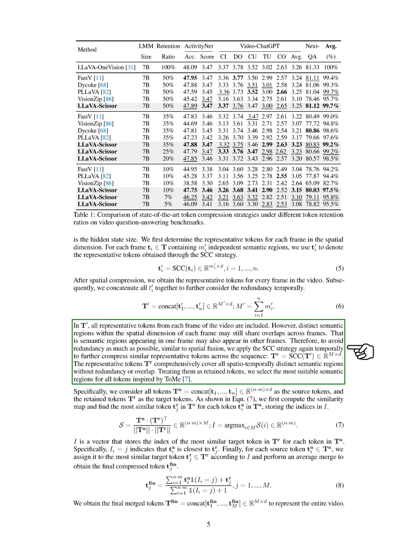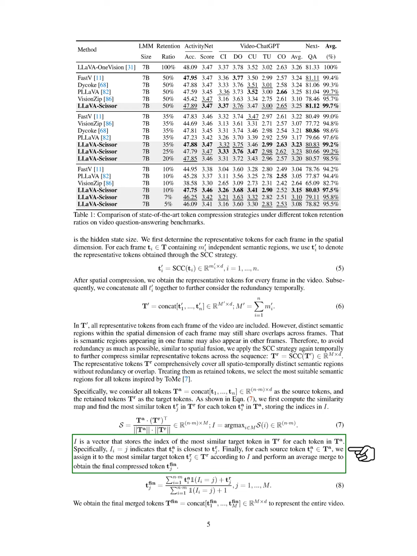Since similar semantic regions may appear in multiple frames, we apply the SCC strategy again to compress these representative tokens further, ensuring that the final set of tokens captures all distinct semantic regions without overlap. Finally, we select the most relevant semantic regions for all tokens. We compute a similarity map to find the closest representative token for each source token and merge them to create the final compressed token set, which effectively represents the entire video.